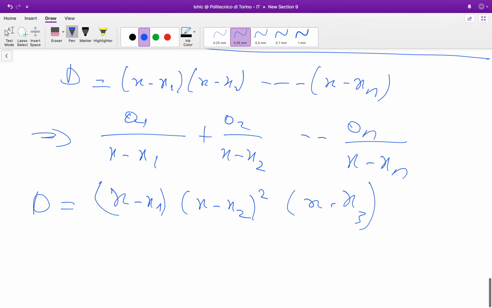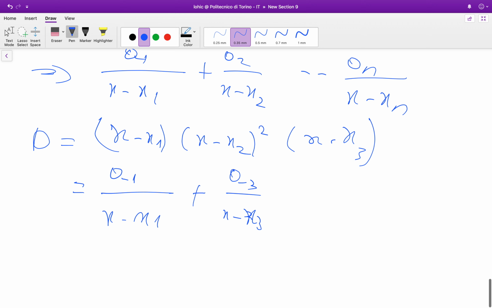When it comes like this, what do you do? In this case, this factor is order 1, right? So it will be a1, a constant, divided by (x - x1), no problem. Plus also (x - x3) comes only once, so it will be a3 divided by (x - x3). Now, this constant that I'm calling a, you can call it a, b, c, or d, no problem, right?